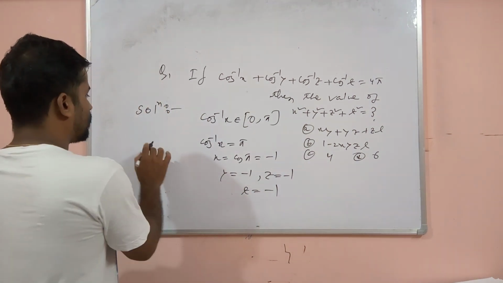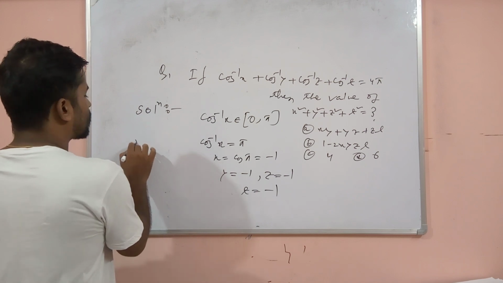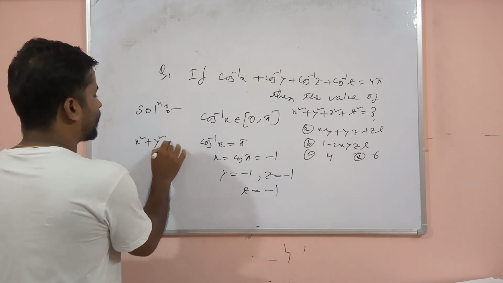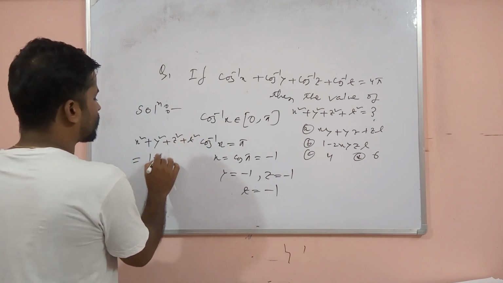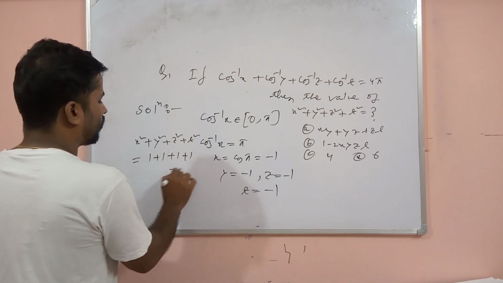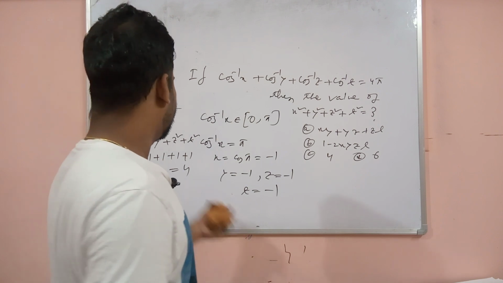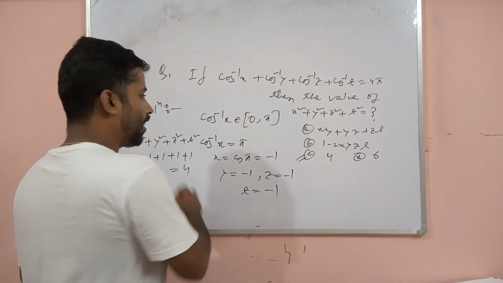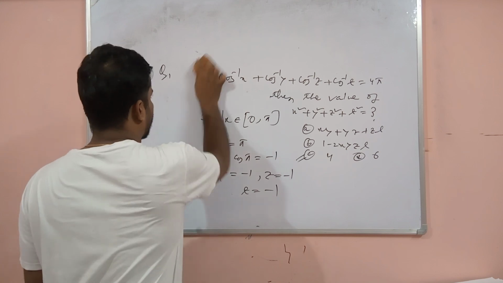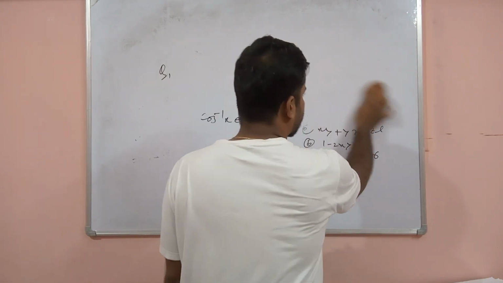So the sum of squares of all of them is 1 plus 1 plus 1 plus 1, equal to 4. So it matches option C. Okay, so this is the appropriate answer. Question number 1 is finished.